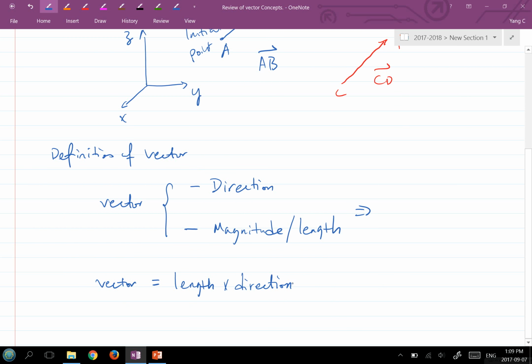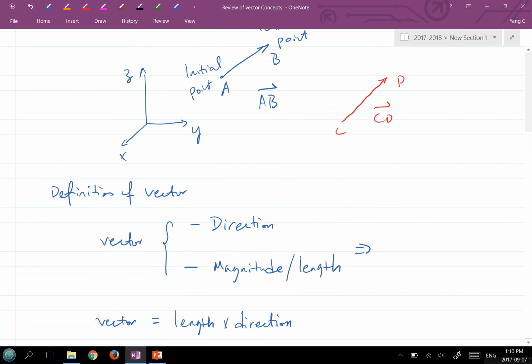Back to the simple question. I have AB and I have CD. CD is an identical copy of AB, moved to a different location without changing its direction.